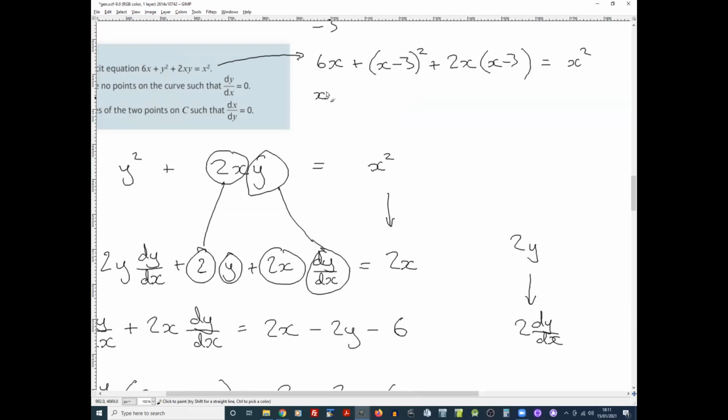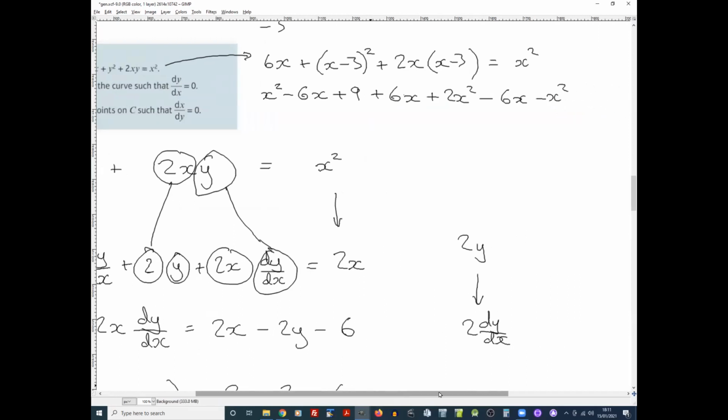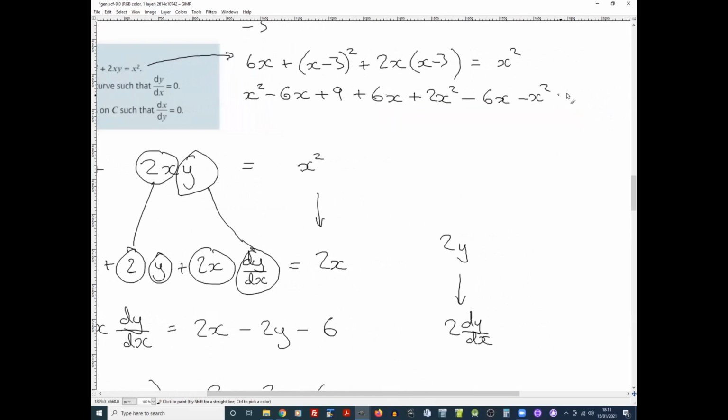So x squared minus 6x plus 9, plus 6x, plus 2x squared minus 6x, minus x squared. Is this the kind of thing you're getting? There'll be several ways of expanding and so on. Minus 6 and minus 12x.